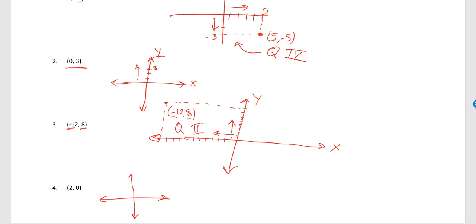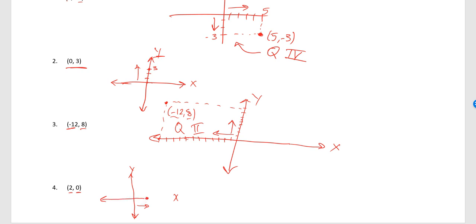So plus 2 on x, I'm going to count this way, the positive direction for x: 1, 2. And then 0 on y, so I'm not going to go up at all. I'm going to stay on the x-axis.